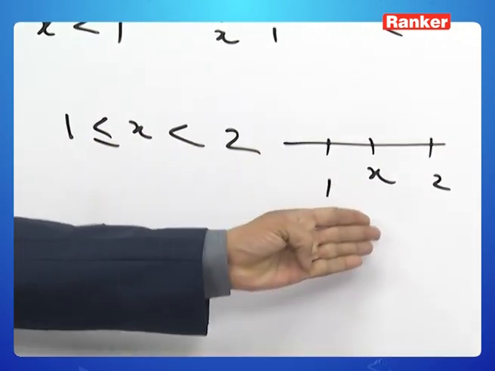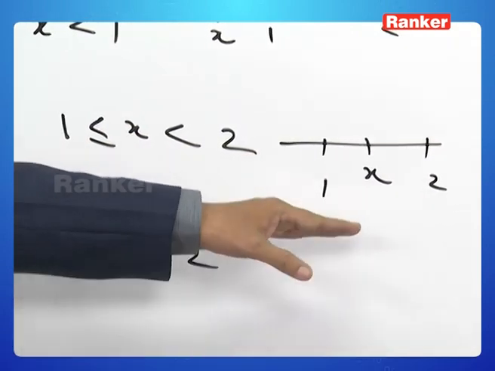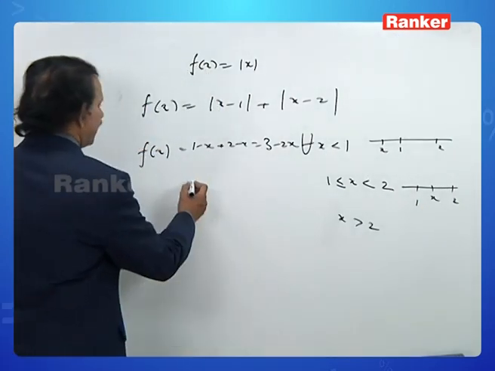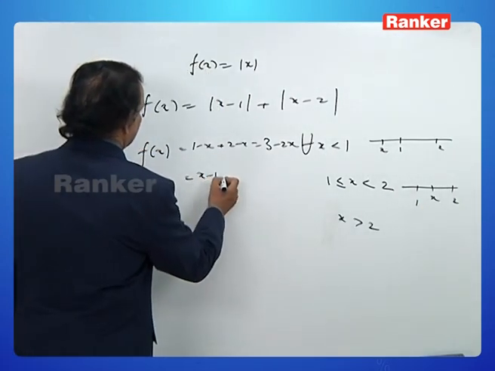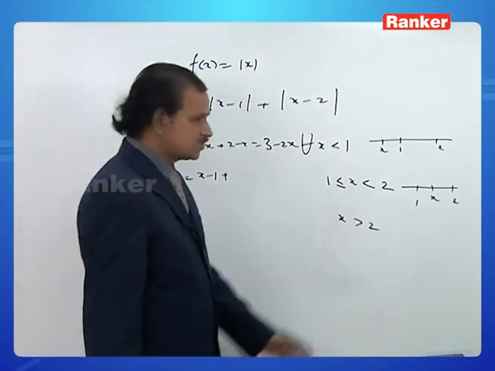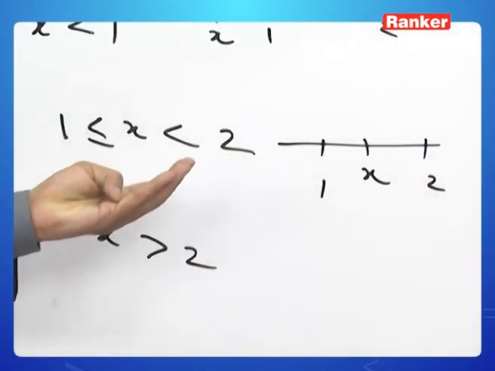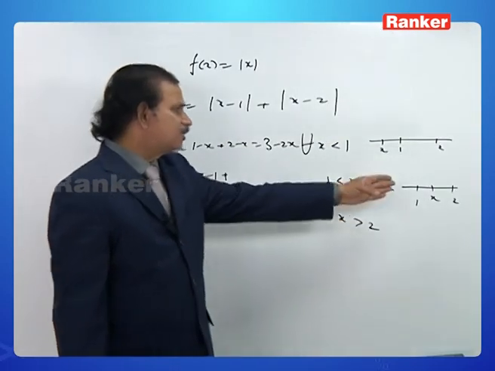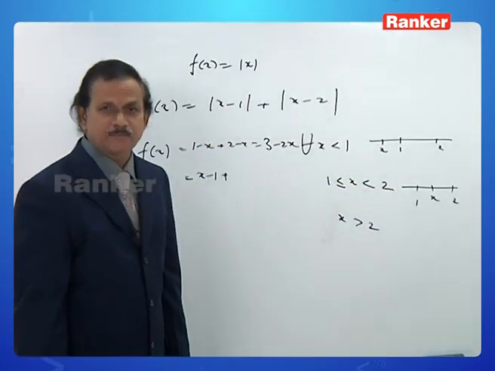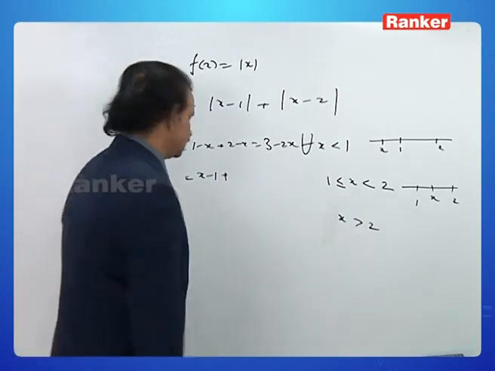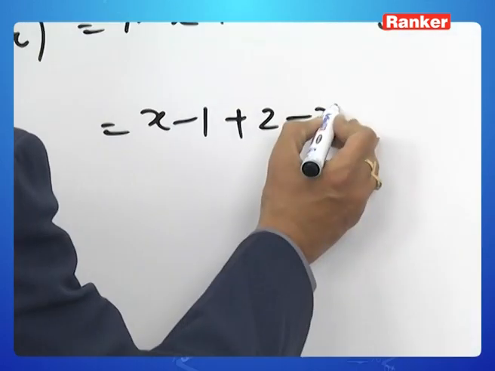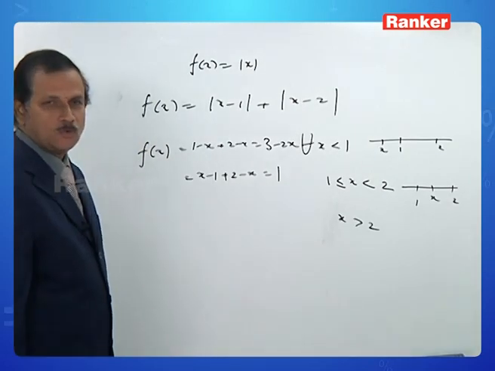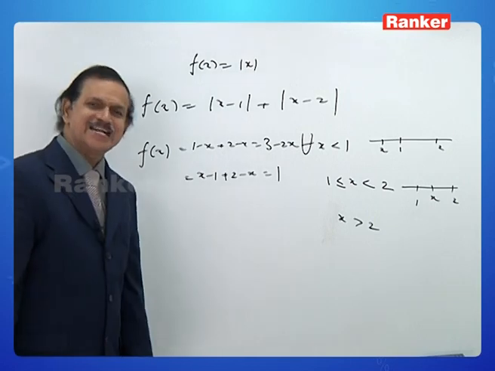What do you say about x and 2? It lies below 2, so the distance between x and 2 is 2 minus x. So it is 2 minus x. The x terms cancel, leaving you 1.